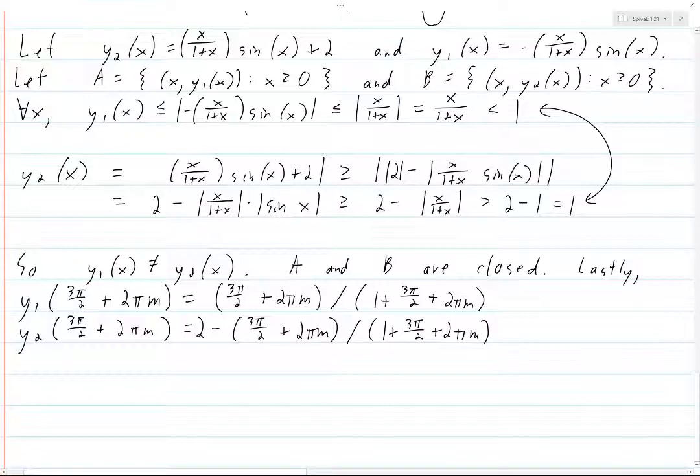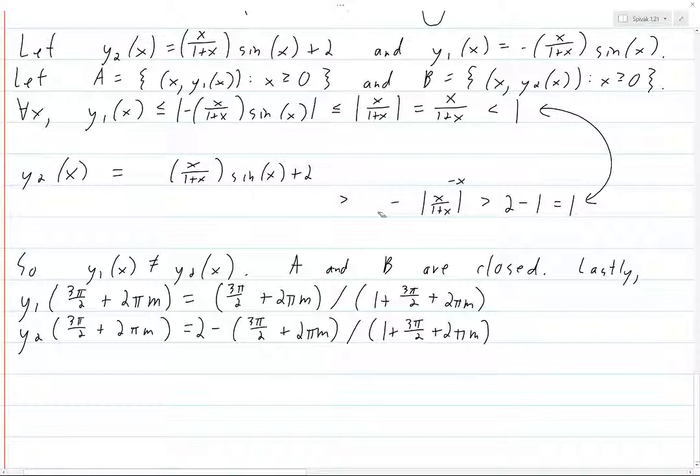And we don't even really need the absolute values here, because this thing is going to be greater than minus 1.